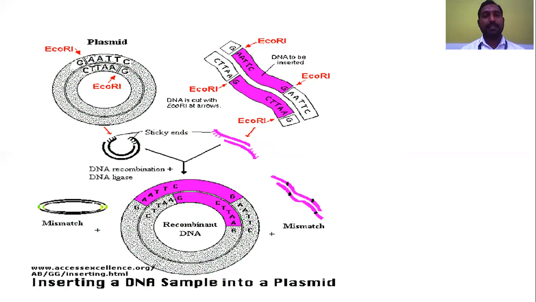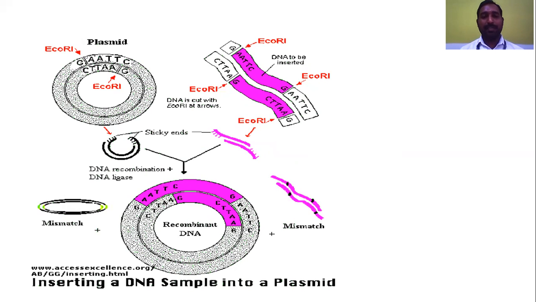Again the restriction step follows in both the plasmid and the gene of interest, using EcoRI enzymes, and then the same ligation process happens through DNA ligase enzymes, which makes that plasmid recombinant.